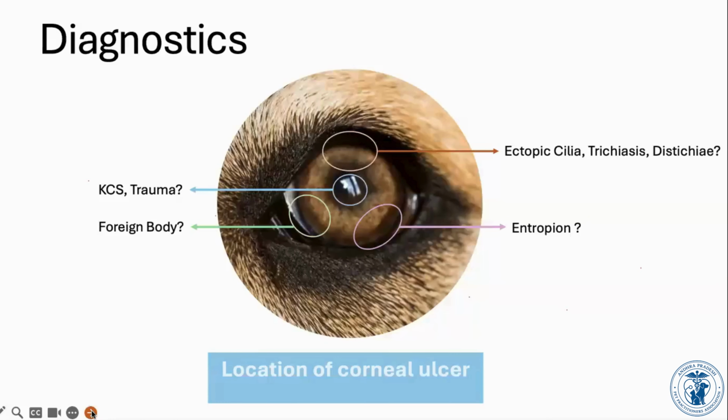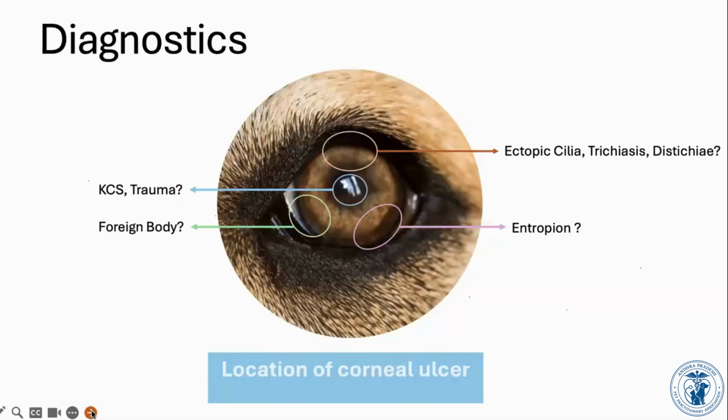When I'm seeing the ulcer, I assess the location also, because the location of the ulcer tells a lot about why the ulcer is there. So usually if we are seeing an ulcer on the cranial or dorsal segment near the upper eyelid, always check for ectopic cilia, trichiasis or distichia.